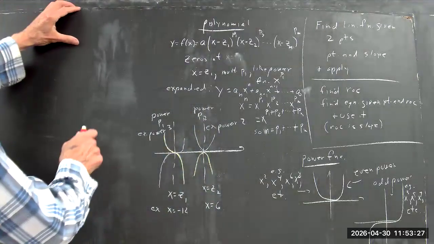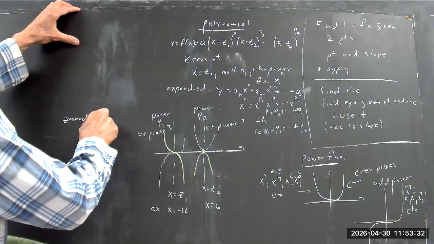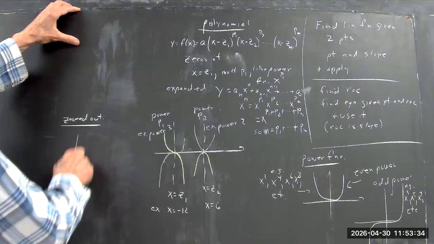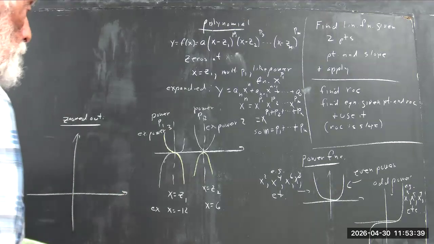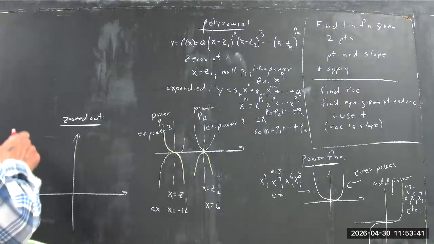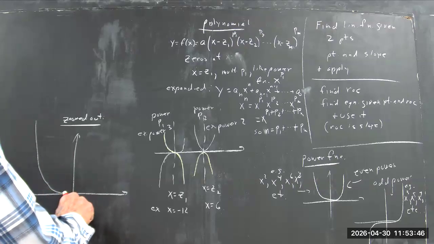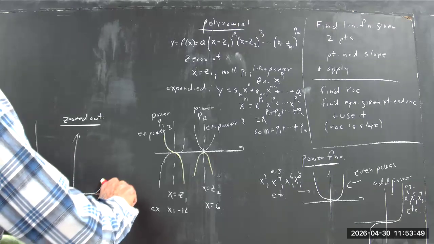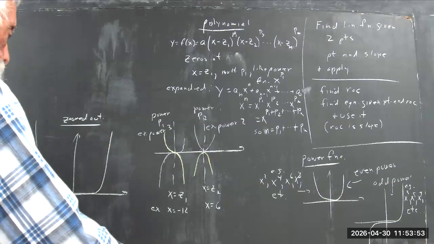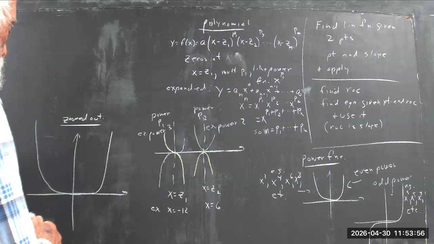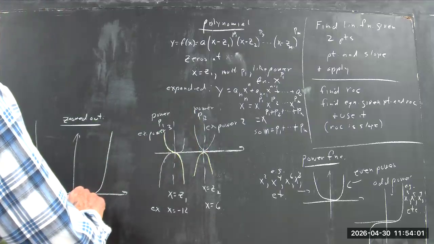Then the zoomed out form: you've got y equals x to the n, which, if n happens to be an even number, is going to look something like this. And the wiggles that you get because of this stuff are going to look like this.